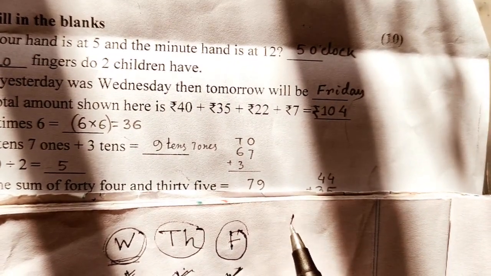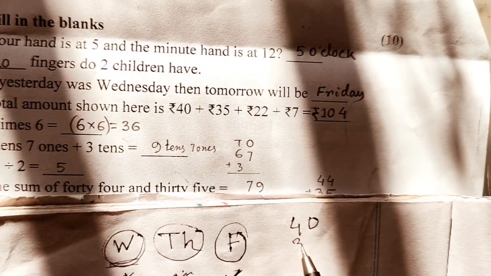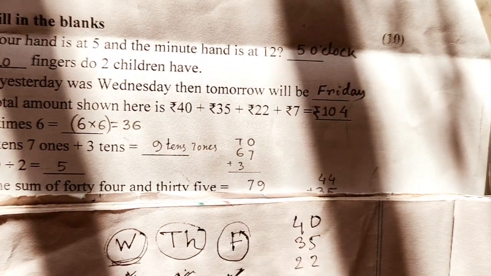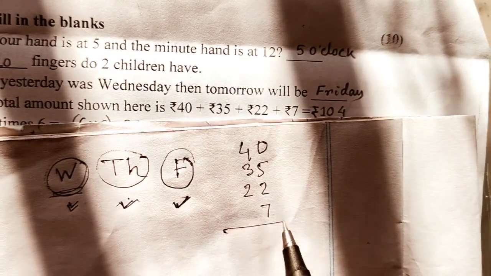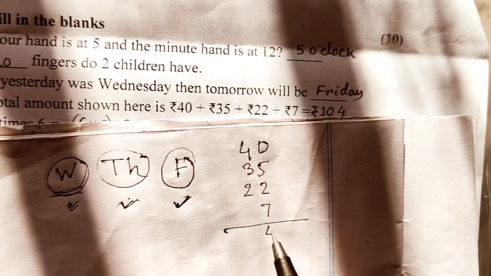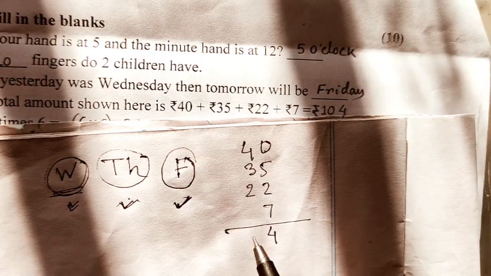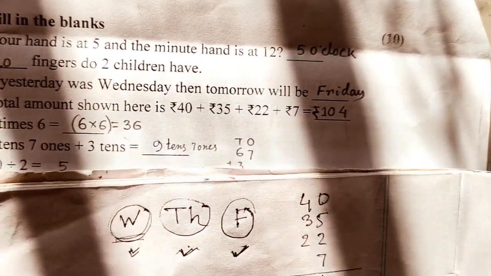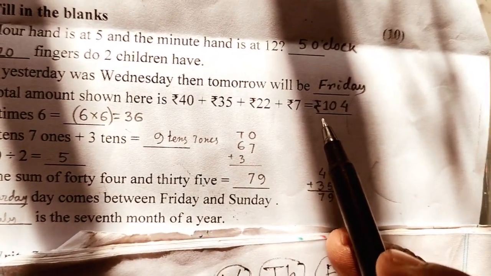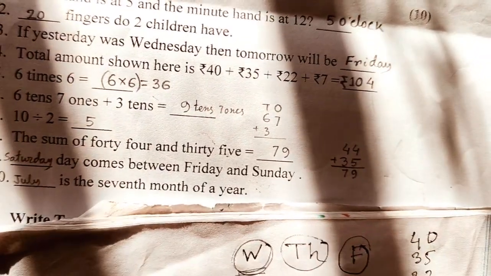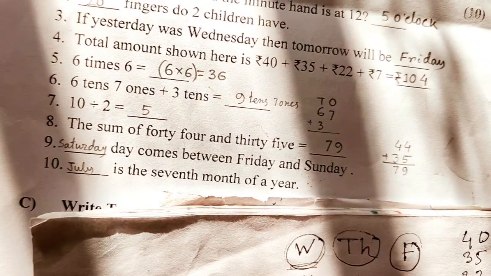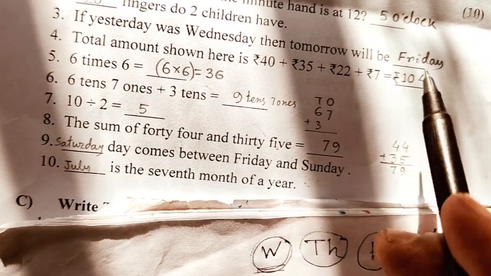If you add them, 40, 35, 22, 7, then you will get 7, 7, 14 and 3, 3, which is equal to 104 rupees. 104 will be the right answer. Repeat, 104 is the right answer.